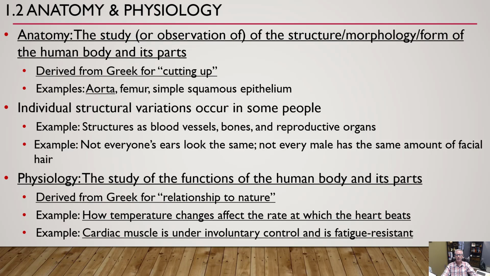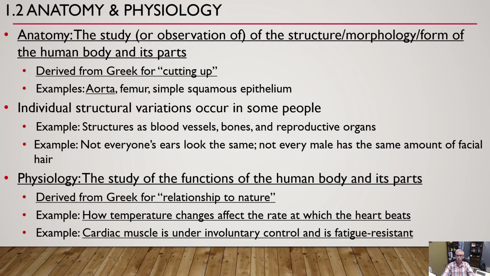Physiology, on the other hand, takes that anatomy and looks at how those anatomical structures function. It's derived from the Greek word meaning relationship to nature. So how do these anatomical parts function? How do temperature changes affect the rate at which the heart beats?